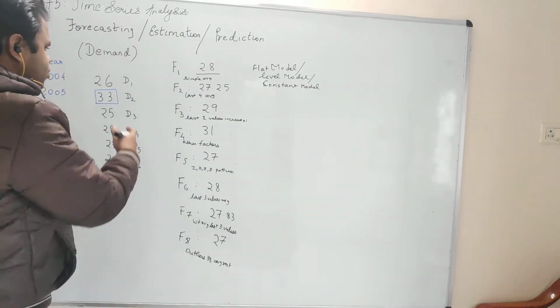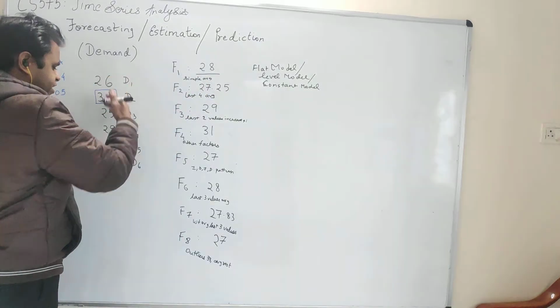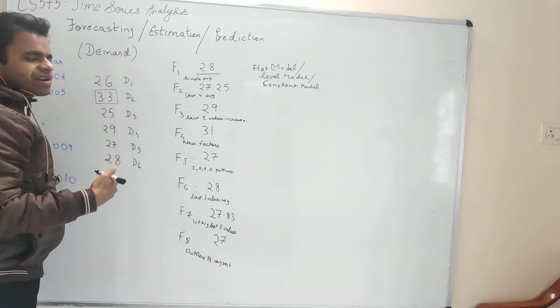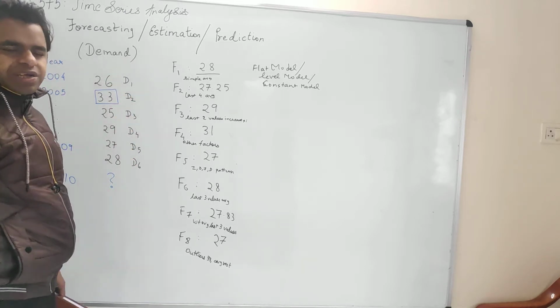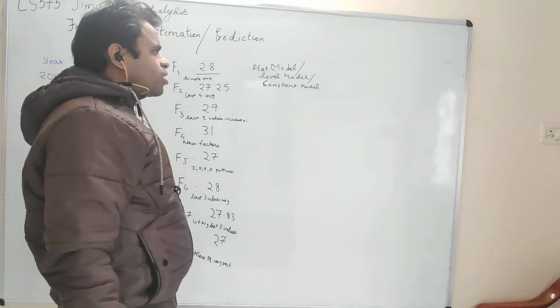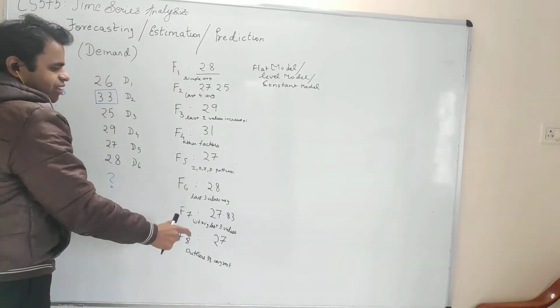Constant model means the values don't vary much. Even the average is 28, which lies in the central tendency of this data set, and all other values are very near to the mean also. So if I want to make a model out of it, these are various values of forecasting.